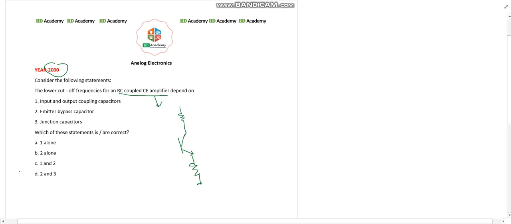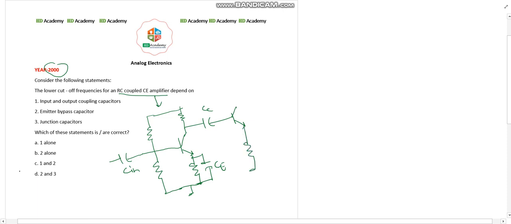This is the CE amplifier with RC coupled, and this is the input capacitor C in, and this is the bypass capacitor CE, and this is the coupling capacitor CC of another stage. Again the same, I am not drawing another stage. Okay, this is RC, this is RC, and this is RE.